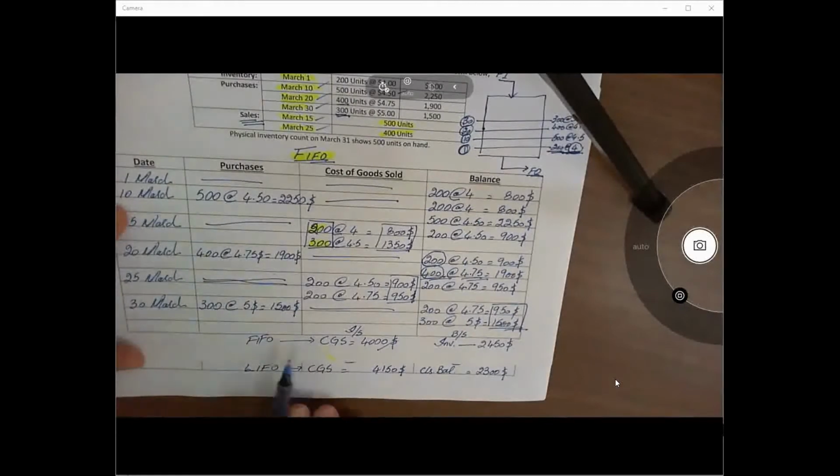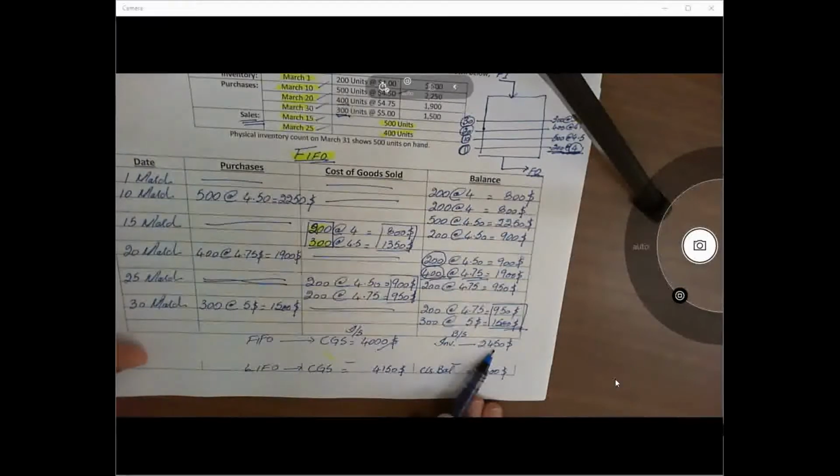In FIFO, we are reporting 4,000 in the income statement, which means that we are reporting less expenses in the income statement. When we report less expenses or less cost in the income statement, it means that we are overstating our net income. On the other side, if you see, our inventory balance is recorded more as compared to LIFO method, which means in the FIFO method, we are overstating our net profit and we are overstating our current assets, or we are overstating our assets.